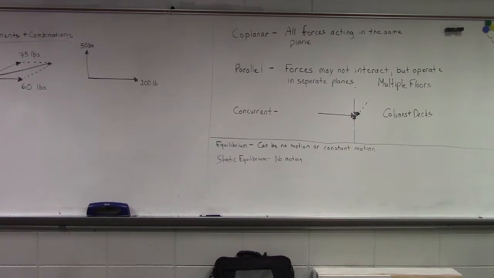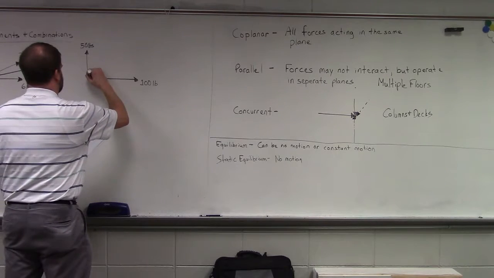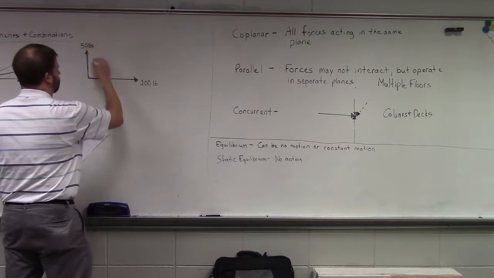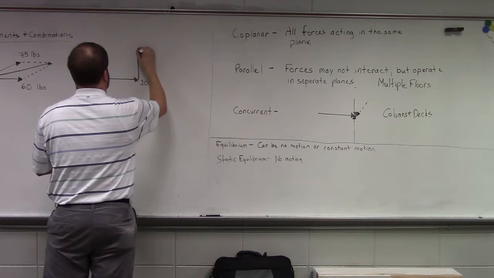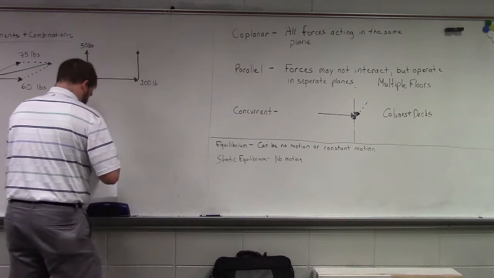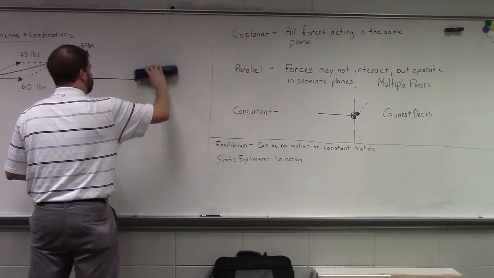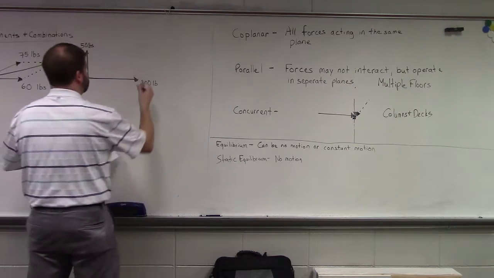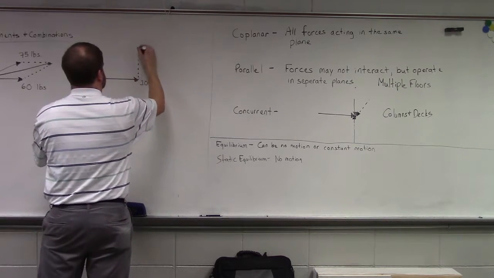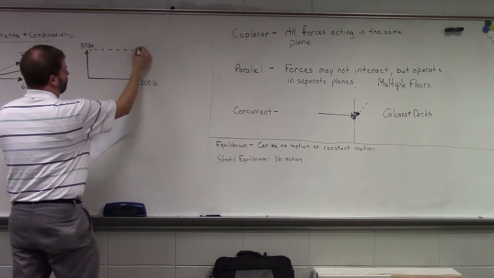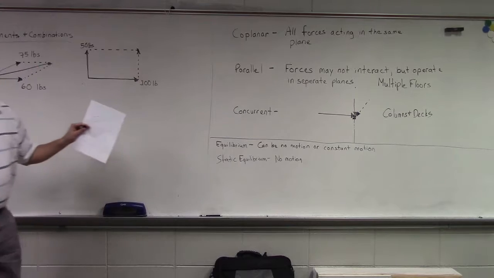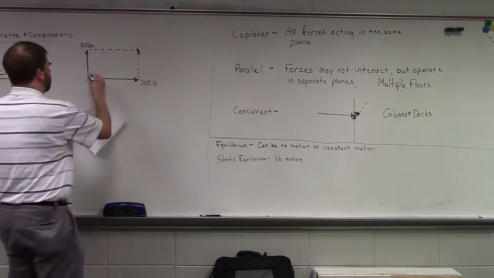So again, how you solve these problems is you take a projection of your initial force. Solid line, sorry. And we take a projection of this force, and where they intersect is where our resultant will run to.